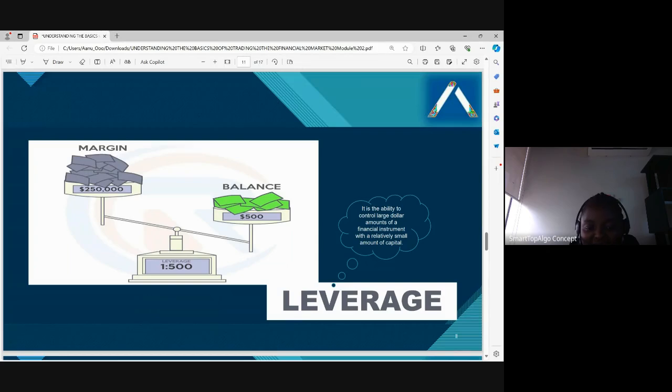Now, with the advent of leverage, which is one of the services that a brokerage firm provides, what exactly is leverage? Leverage is the ability to control a large dollar amount of a financial instrument with a relatively small amount of capital. That's what leverage does.